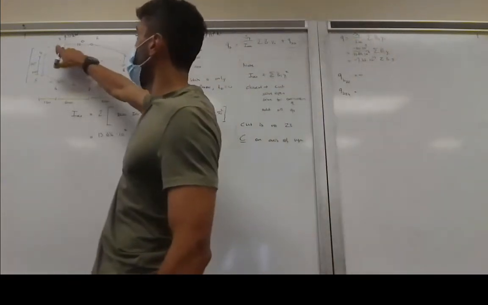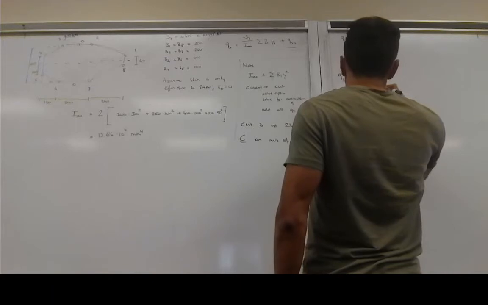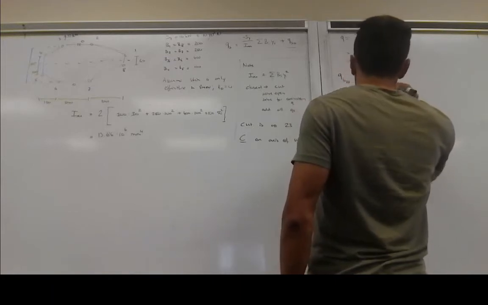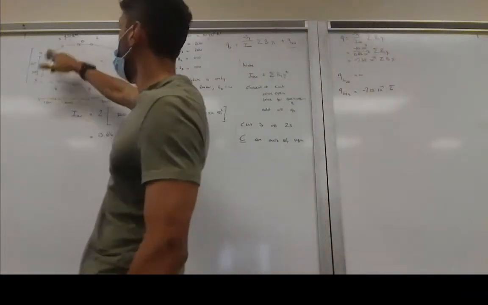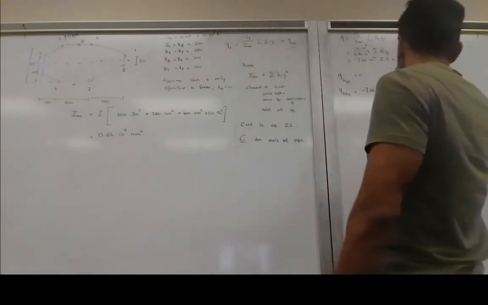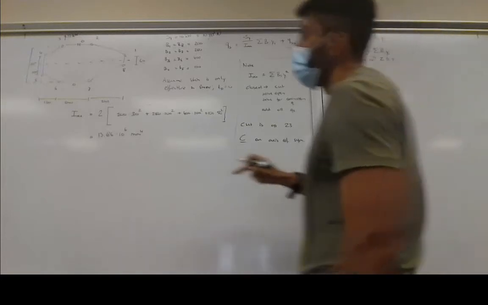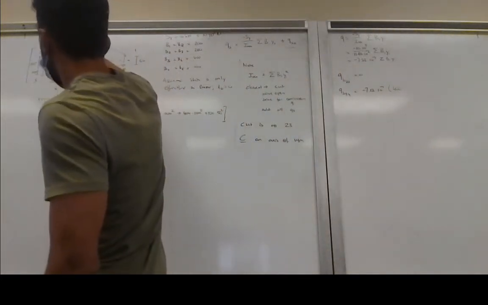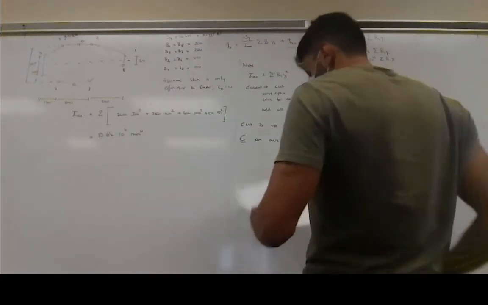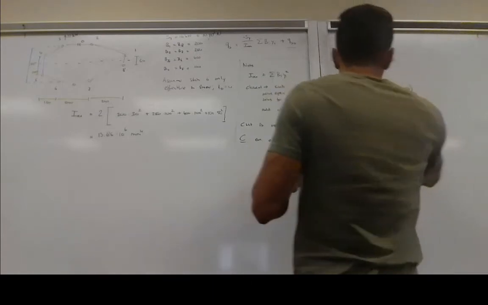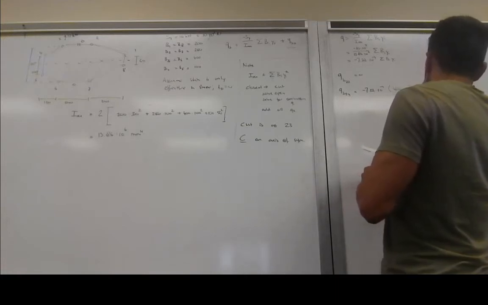At this point the starting point is 0, so we add negative 7.22 times 10 to the minus 4, and then the summation of booms. We pass only one boom, that's boom 3, so that's 400 multiplied by y. Y in this case was 200, so half of it is 100. So 400 times 100. That is equal to negative 28.9 Newton per millimeter.